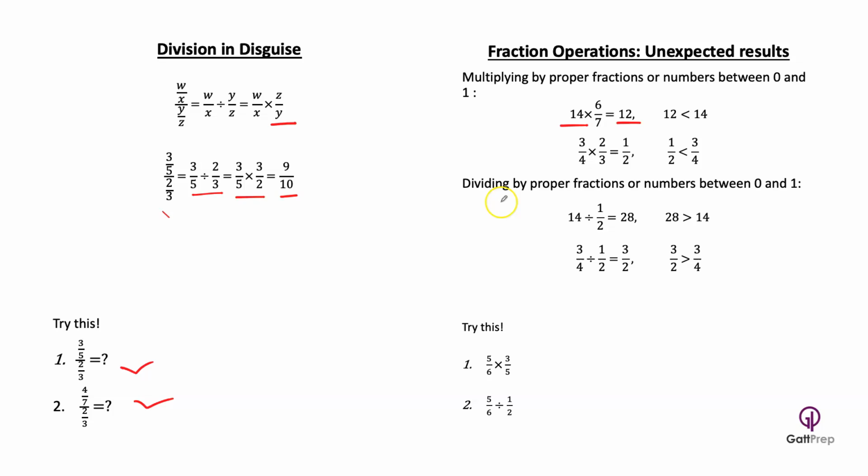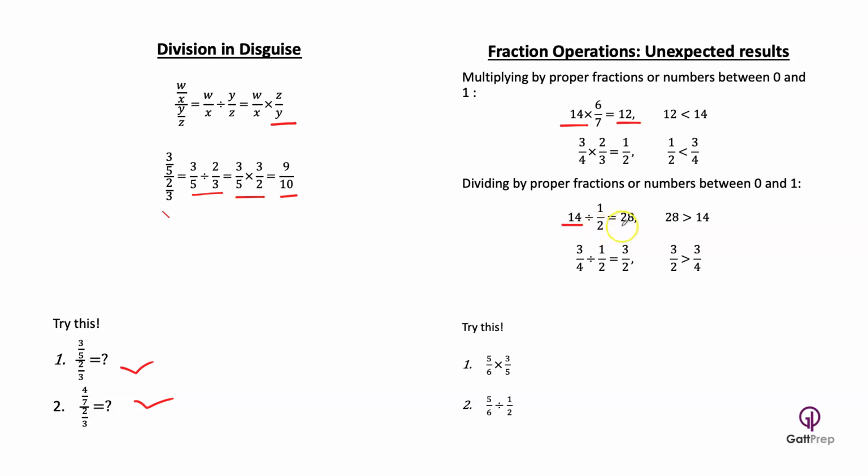Similarly, when you divide by a fraction between 0 and 1 or by a proper fraction, the result or the quotient that you get is larger than the original number. This is also true when the original number is a fraction. So here we have 14 and then we are dividing by half.